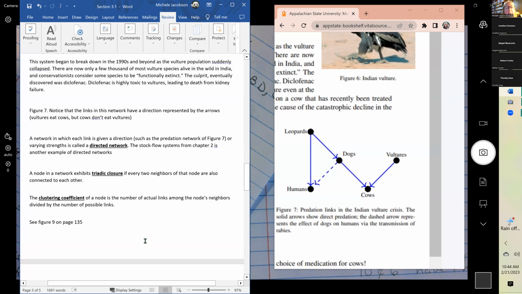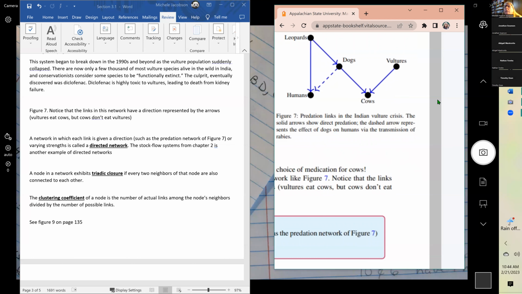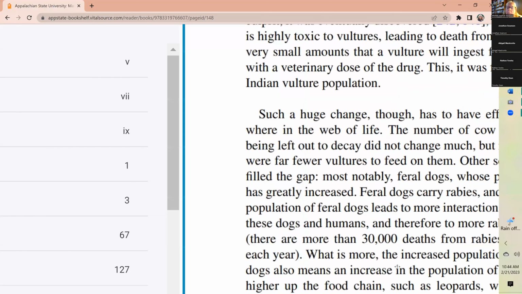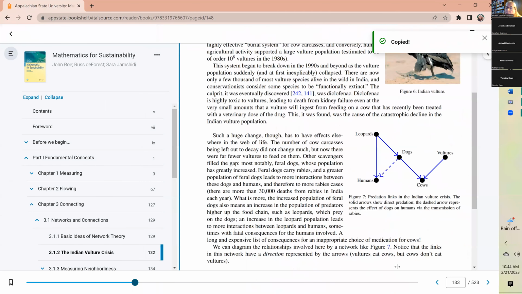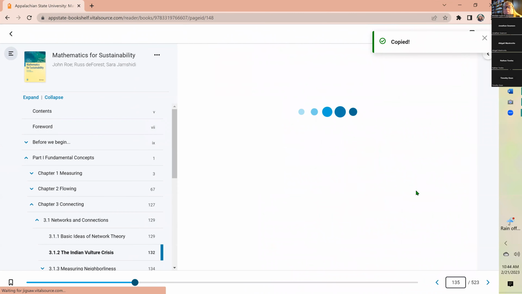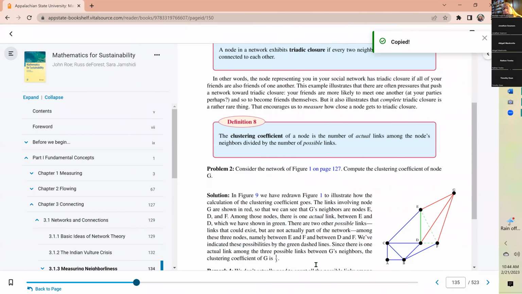So if we look at page 135, they have the 2 definitions, but we want to look at this one here.